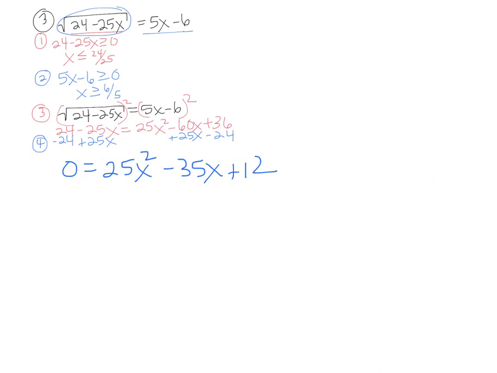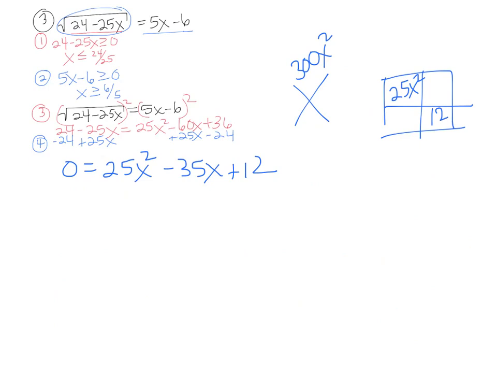You can use the quadratic formula, but factoring might be a little bit easier in this case. 25, 35, and 12 don't have any common factors, so I'm going to use the diamond and the box. I'm going to put my 25x squared up here, my 12 down here. So I need two numbers that multiply to 300x squared and add to negative 35x.